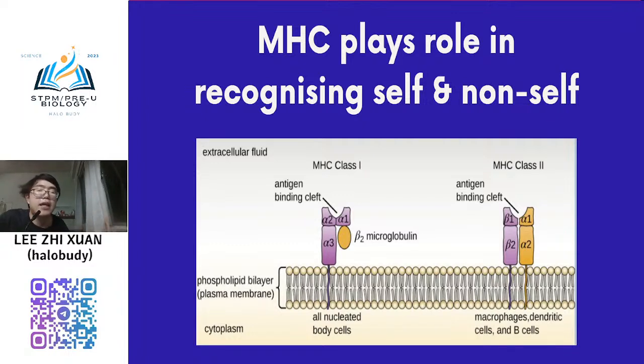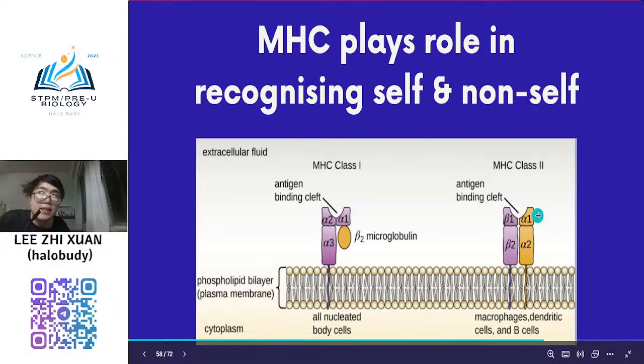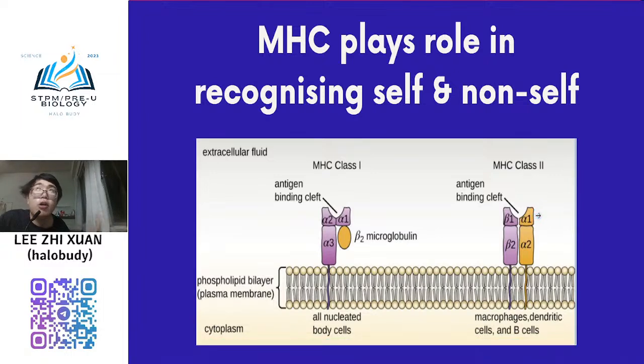They will not attack it if there is no antigen. If there is antigen, then they will recognize it, and the cytotoxic cell will attack it. Only the cytotoxic cell can attack the MHC class 1. Helper T cell and B cell will not attack the MHC class 1. So MHC plays the role in recognizing self and non-self, especially MHC class 1.